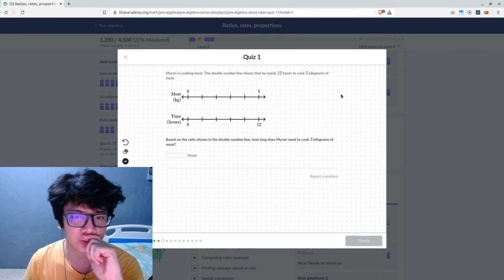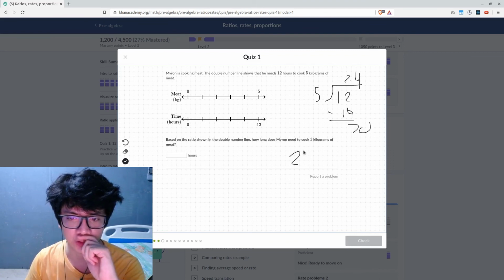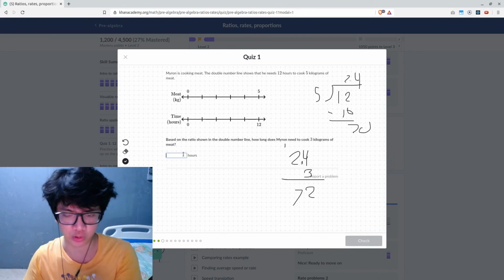So if you're gonna cook 3, let's see if we can divide 12 by 5. It's 2.4 times 3. 7.4 hours.